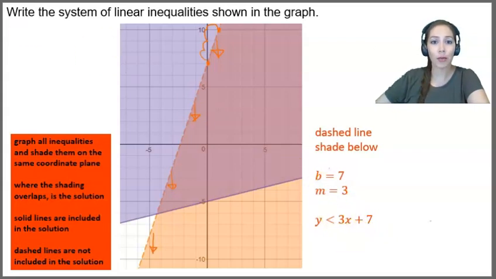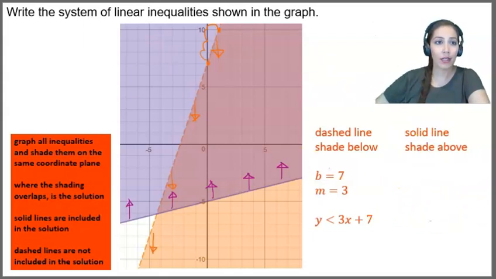Now let's look at the other one. The other one is drawn in this purple color, and I can see that it is a solid line. So since this one is solid, I'm going to go ahead and write solid. And I can see that on this one, it looks like I shaded above it, or going up the y-axis. So since I shaded above, I'm going to write shade above.